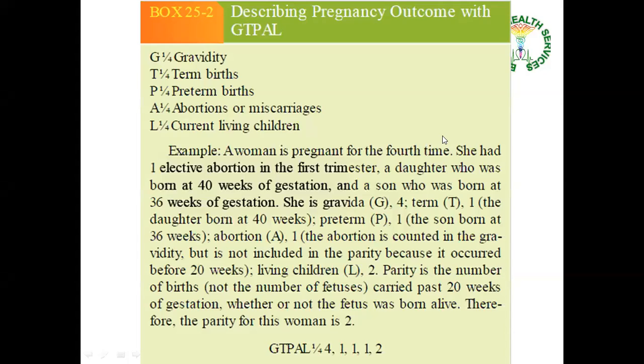So now we're going to talk about how to calculate the due date and fundal height, and also what is the meaning of GTPAL. It is important to know how to calculate the due date. Basically, we add 9 months plus 1 week to the last menstrual period.